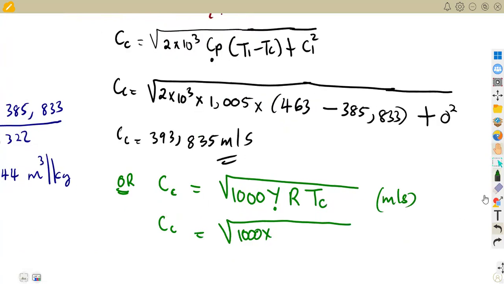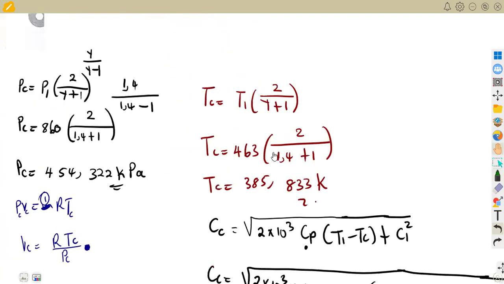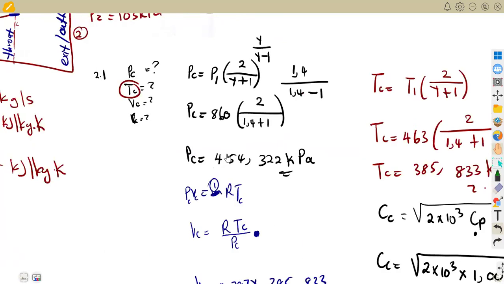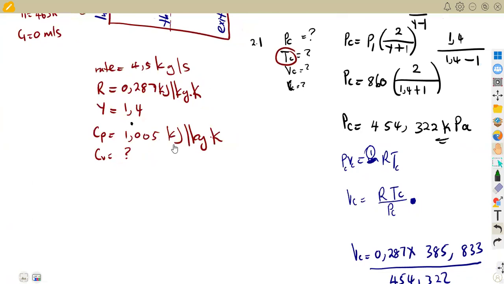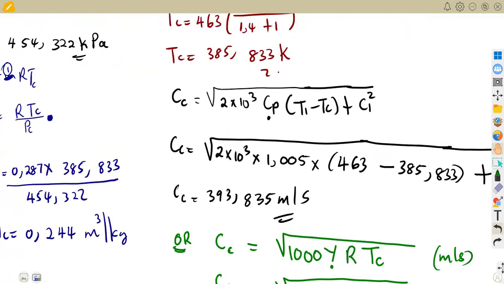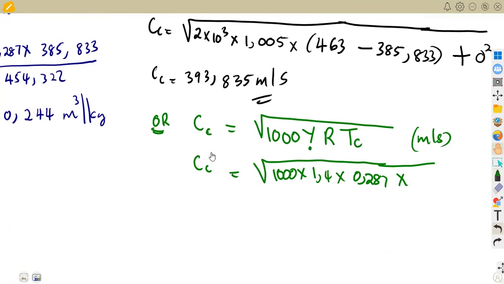We used our gamma here, 1.4, times the gas constant R. We had the value of R here, 0.287. So you're going to multiply by 0.287, times the temperature at the throat.